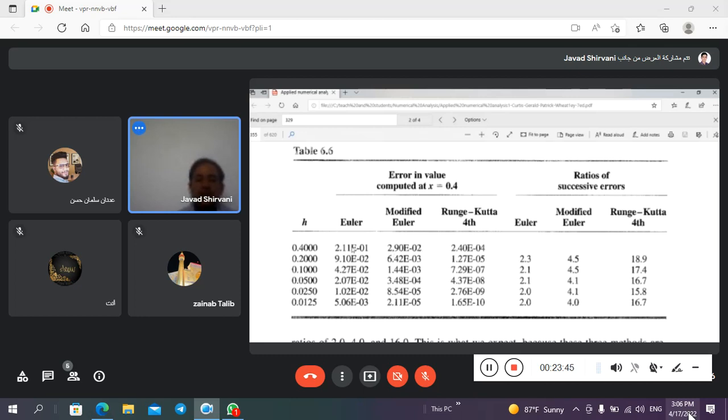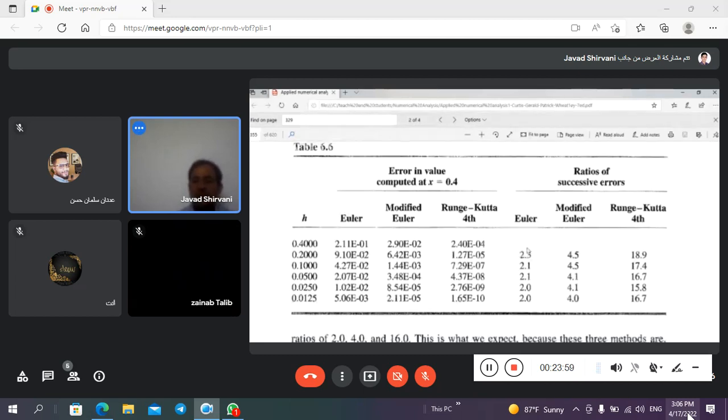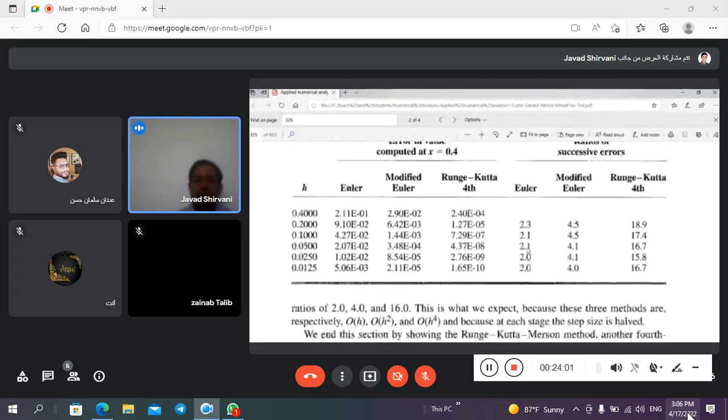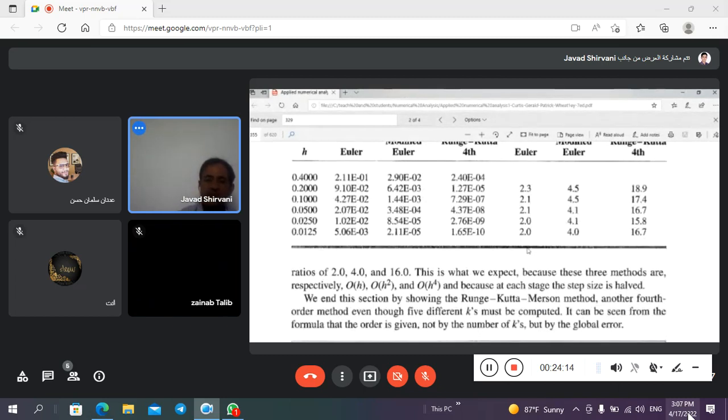Modified Euler is 2.11 e-1, or multiplied by 10 to the power of -1, is 10 to the minus 2, and different approaches at different steps of 0.4, 0.2, 0.1. We use a backward solution and a forward solution for that.